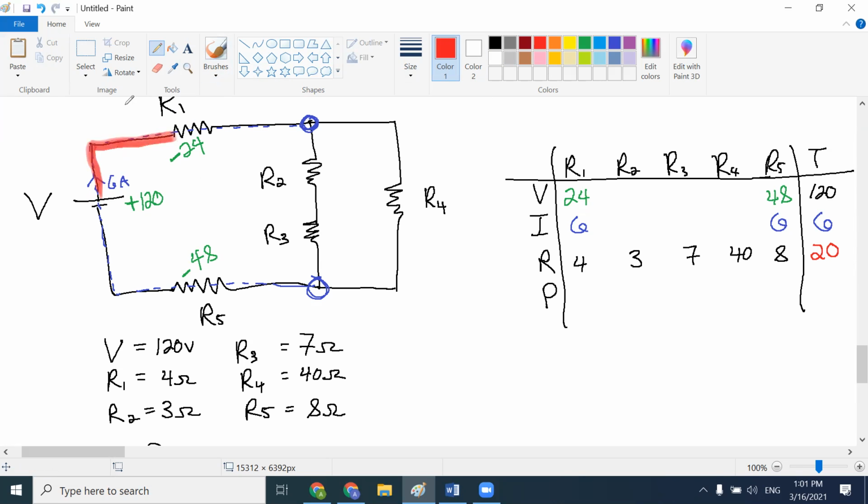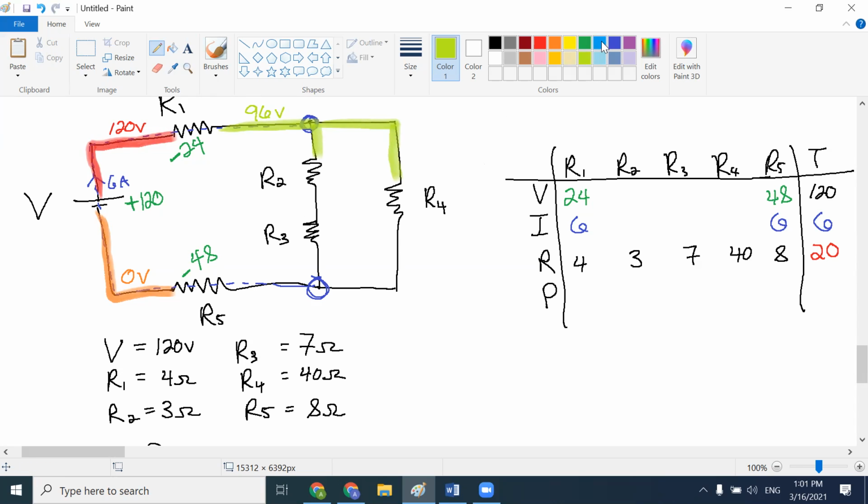So this line, 120 volts. This line, 0 volts. All right. What about this line? Well, it had 120 volts and burned 24 down to 96. What happens after?